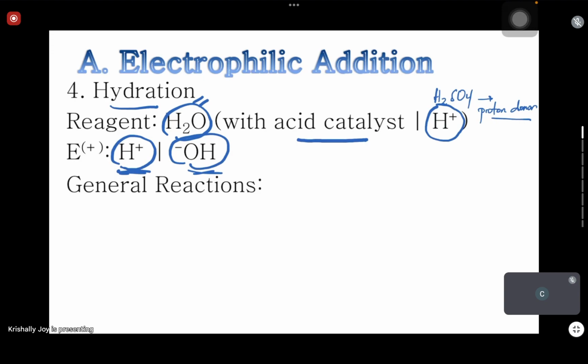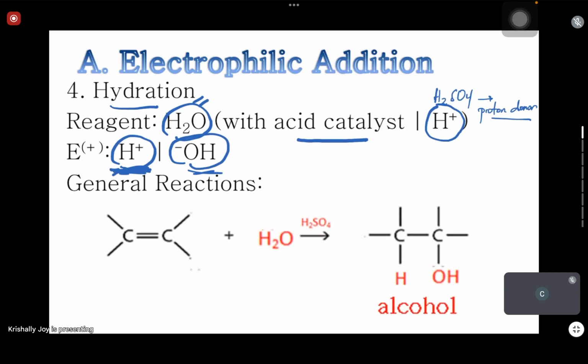It also follows Markovnikov's rule, class. The H+, the hydrogen, will be added to the carbon with more or greater hydrogen substituents. Markovnikov's rule gihapon ha. Okay, so that's for hydration.